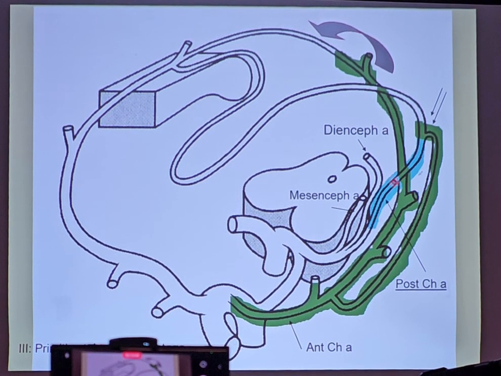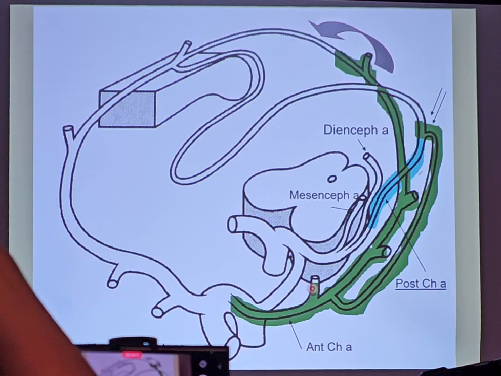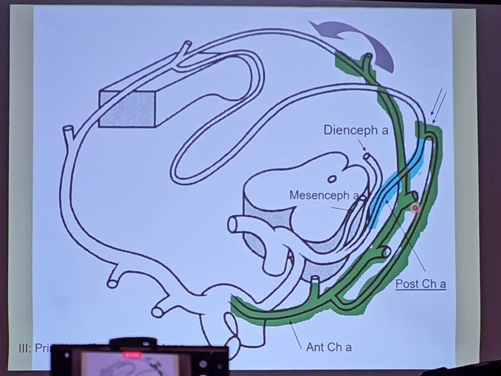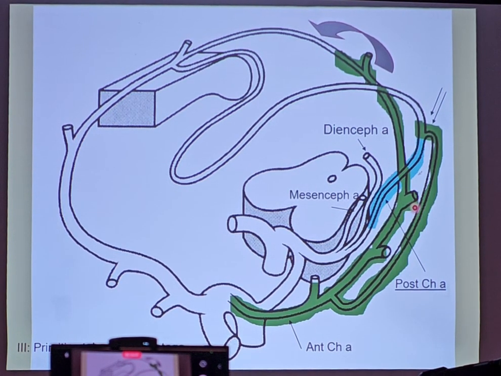This is the future posterior choroidal system that is hooking up to the anterochoroidal artery. The anterochoroidal artery is also starting to develop the telencephalic branches. Here you can see as the brain develops, the supply to the brain is coming from the anterochoroidal artery system.